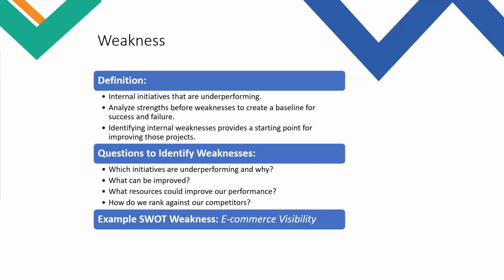You may not believe that what you did to the car was a problem, but it happens more often than not. So a perceived weakness is something that you don't necessarily agree with, but the outside sees it as a weakness, and it can affect your business as well. So you have to look at it from both sides: from the inside, and then from how your customers look at you.